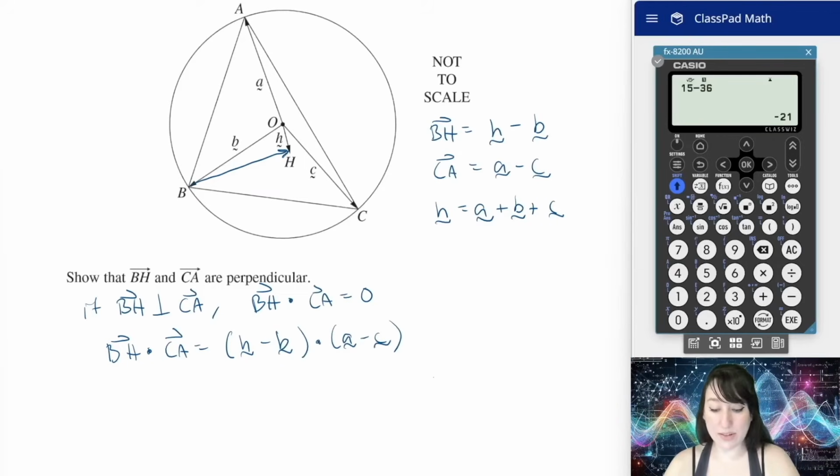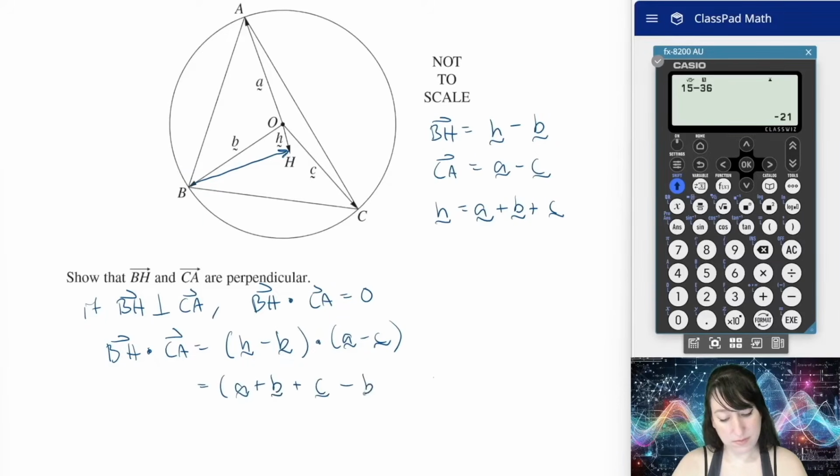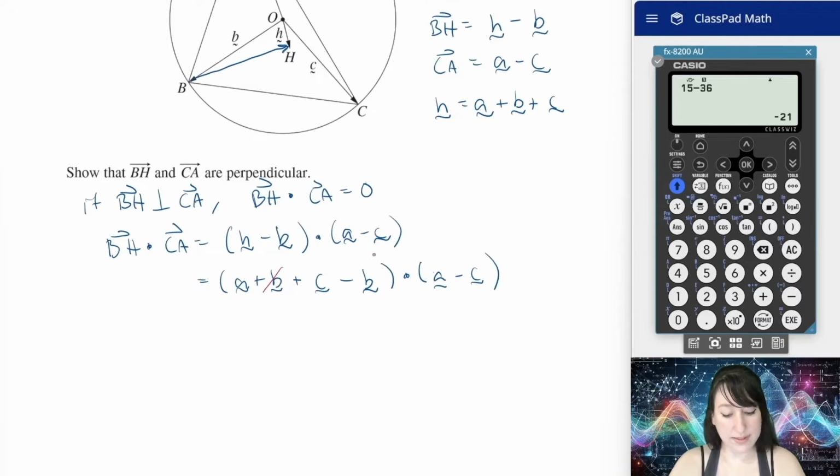Let's replace H with A plus B plus C. Of course, these B's cancel, so this becomes A plus C dotted with A minus C.